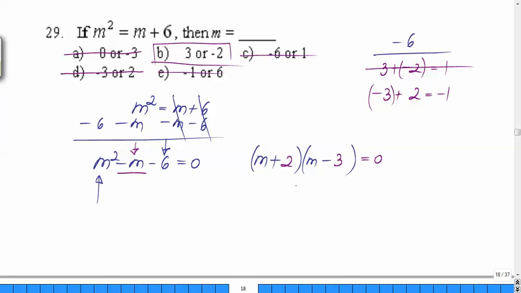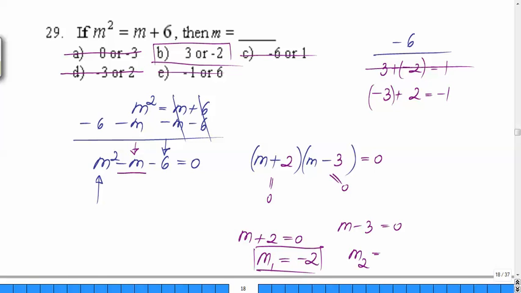But why is that the right answer? Well, remember the zero product property. If two numbers multiplied give you 0, it means that either this one equals 0, right? So you have first equation m plus 2 equals 0, which tells you that your first root, let's say m1, will be negative 2. Or you have this binomial, m minus 3, equals 0, and you have your second solution.